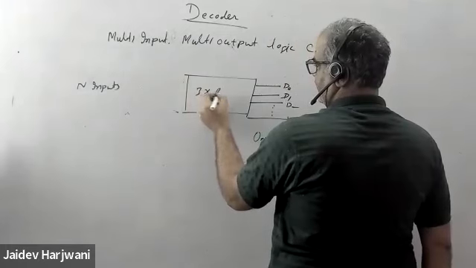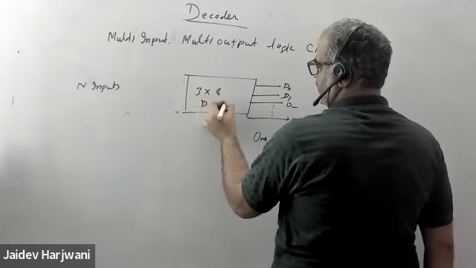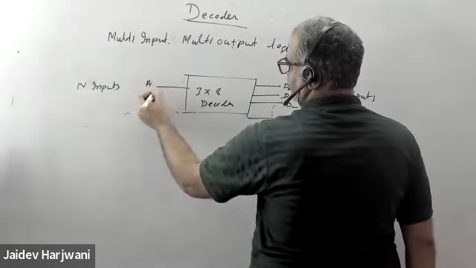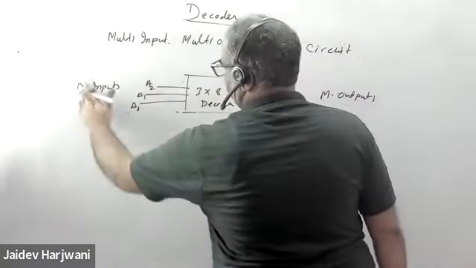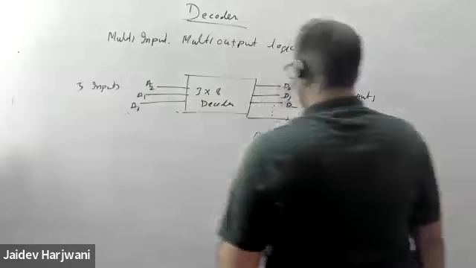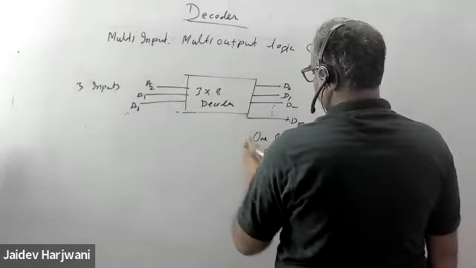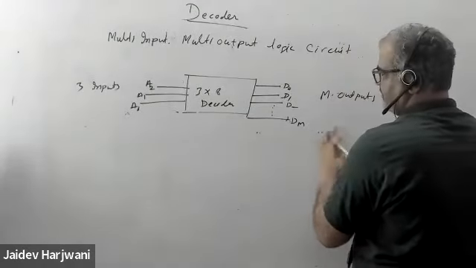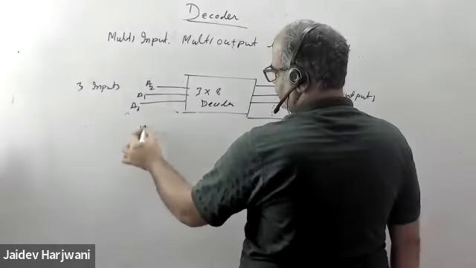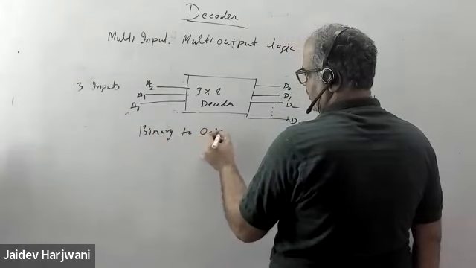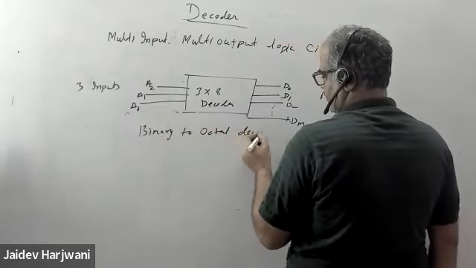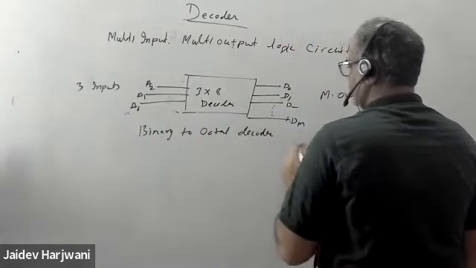Suppose you have A2, A1, A0, 3 inputs. 3 to 8 means you are basically doing a binary to octal decoder.